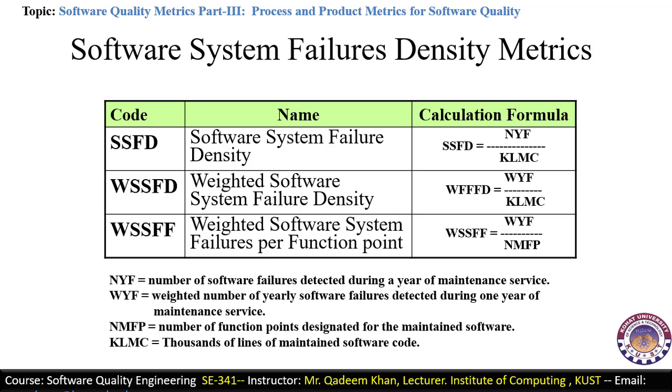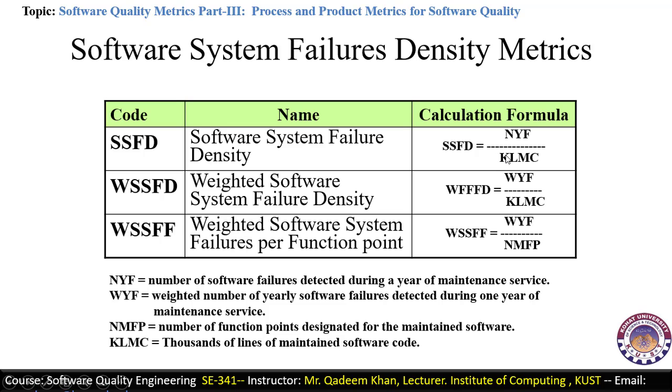So here SSFD, which is software system failure density, is equal to NYF divided by KLMC. Here NYF is the number of software failures detected during a year of maintenance. So when we maintain the software for a particular year, the number of errors occurring is called NYF, number of software failures detected during a year of maintenance.